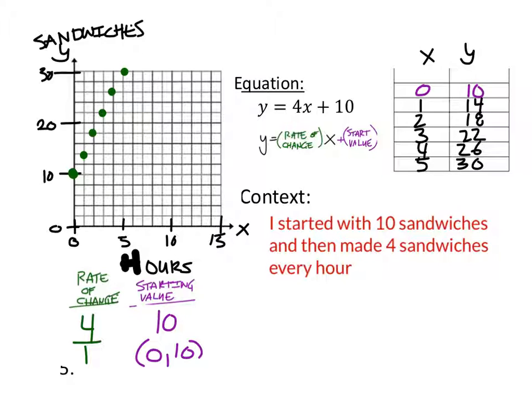If you wanted to, you could put points in between these, like right here and there and there, because at those half-hour increments, you would have an extra sandwich, or 2 sandwiches, rather. Also, we'll need to change the rest of the stuff, so I need to put the labels in the table. And then the starting value, we already put the y-intercept on there. That would be 10 sandwiches just to start with.